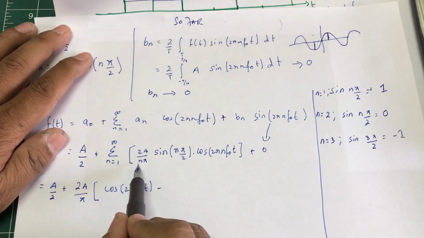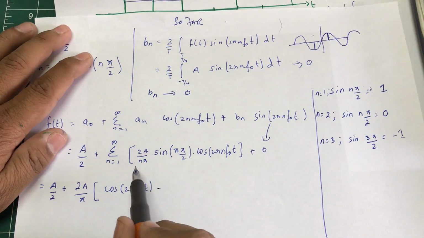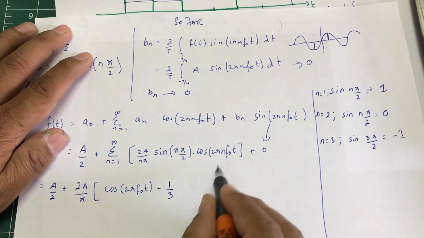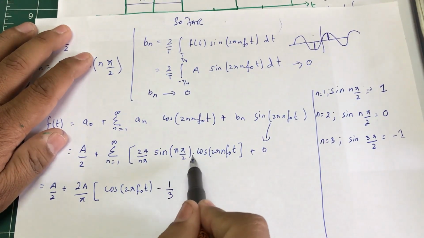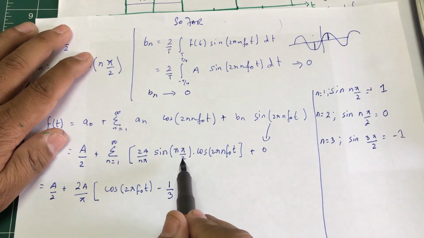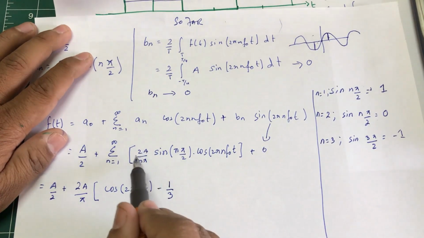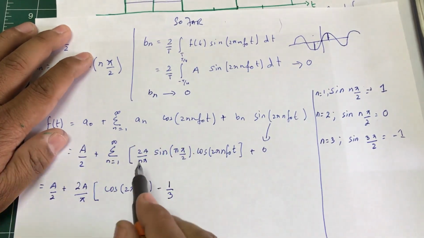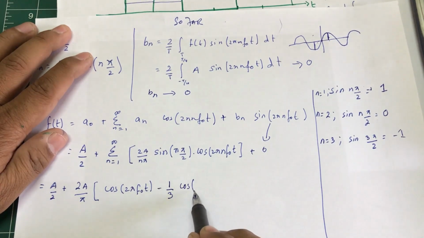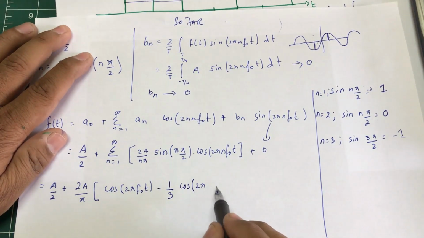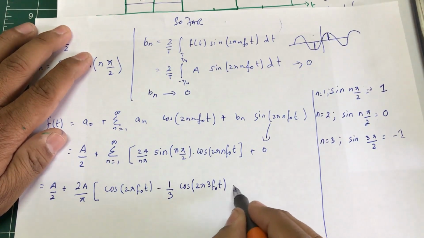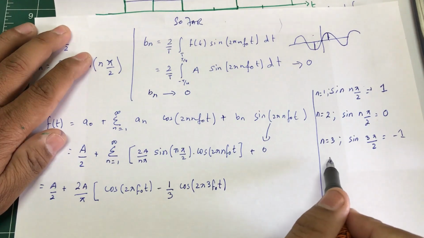And in place of n, there's a 3, so n is equal to 3. So this is going to be 1 over 3. When I evaluated this term with 3 in place of n, that is just -1. So -1, and 2a over pi is common, so we have taken that out. But in place of n, we have -1/3, which is going to be cos 2 pi 3 times f naught t. Then you start plugging in the values.